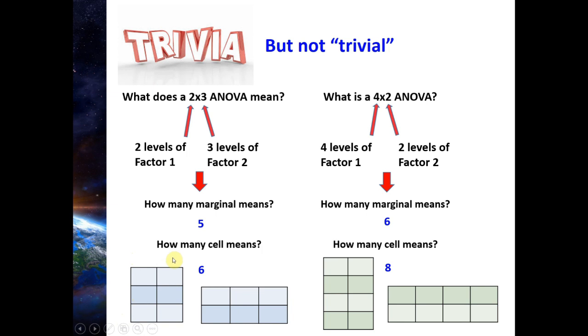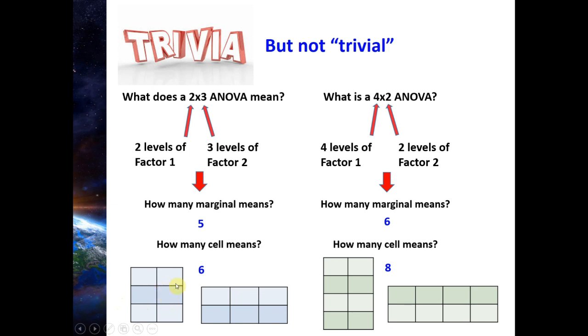How many cell means? Well, these are your cells, right? So we have 6 cells, so we'll have 6 cell means. So in this case, could we have found that? You just multiply 2 columns times 3 rows gives you 6 cells.